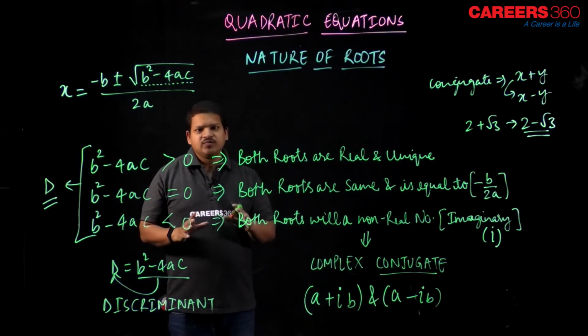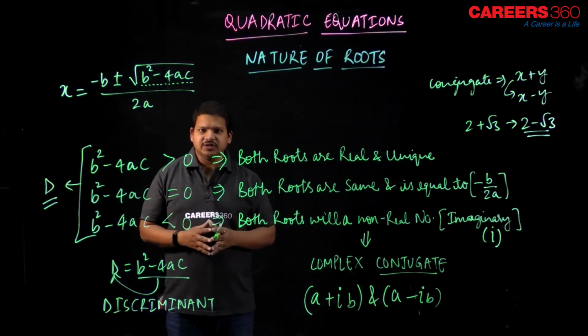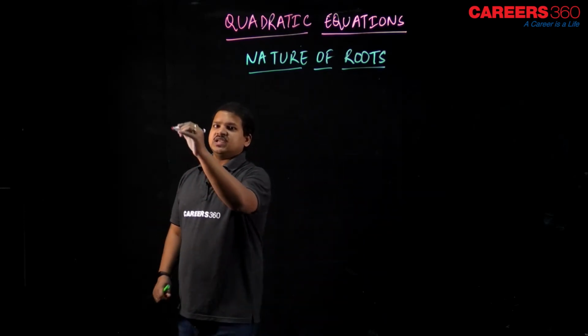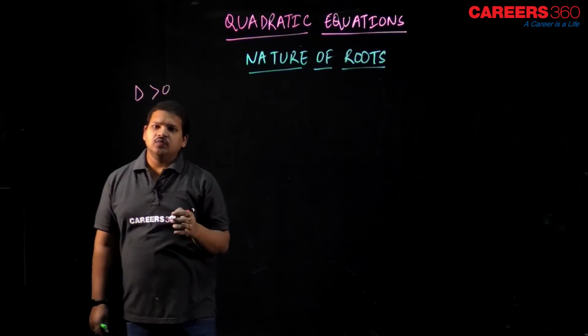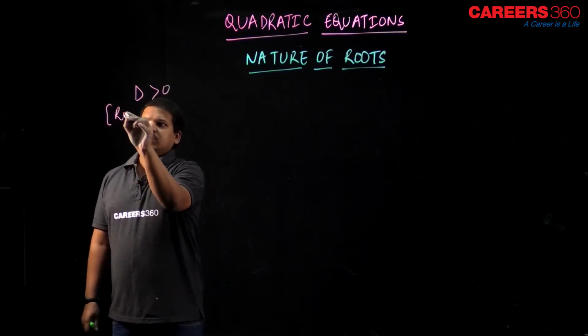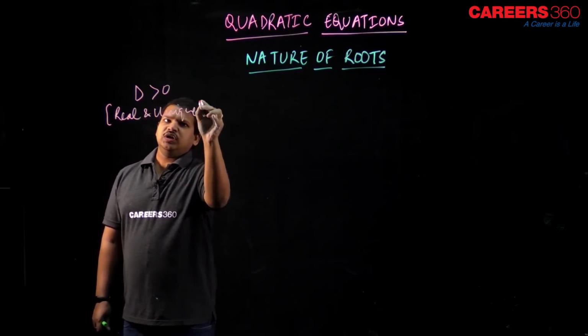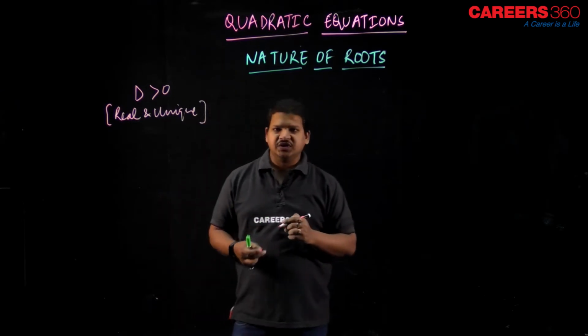Now we'll learn what I have just told you using the graphical method. Let me summarize what we have learned till now. If D is greater than 0, then we get real and unique roots, that is, both roots are real and distinct.